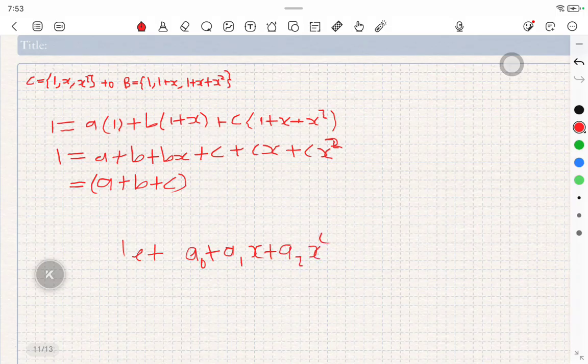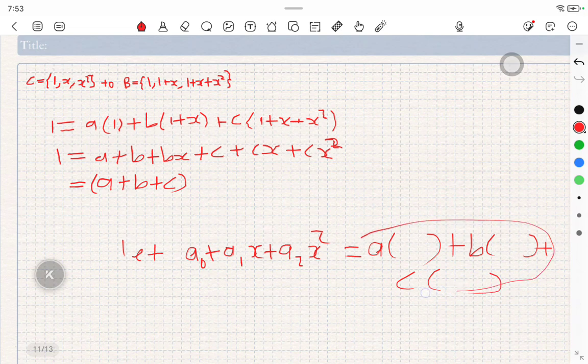But when you are equating on the other side, you're just saying a times this plus b times this plus c times that. You see, this is a linear combination, but this is just a vector taken from P2. This one you would let be an element of P2.